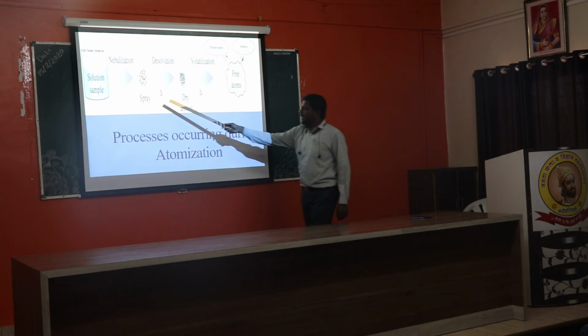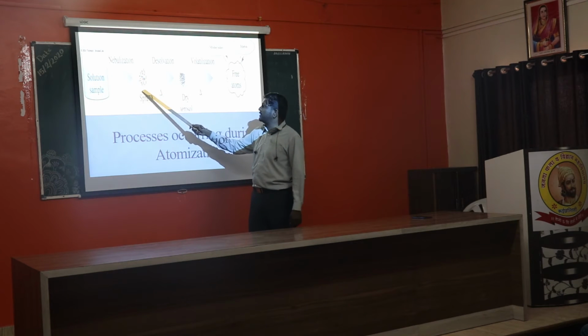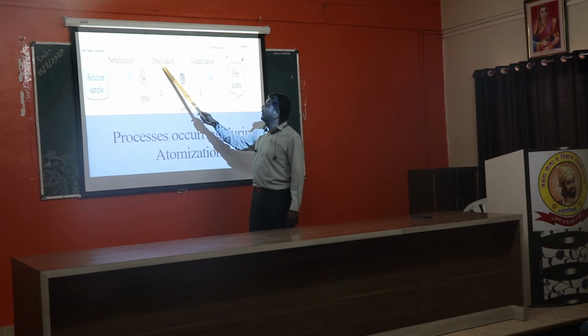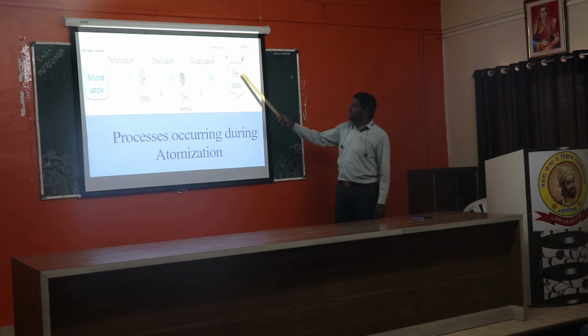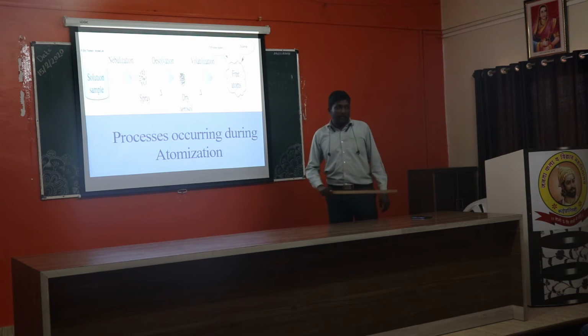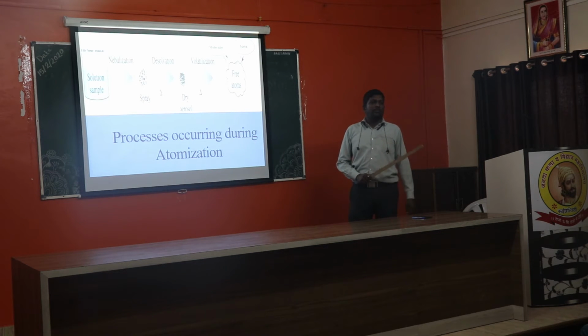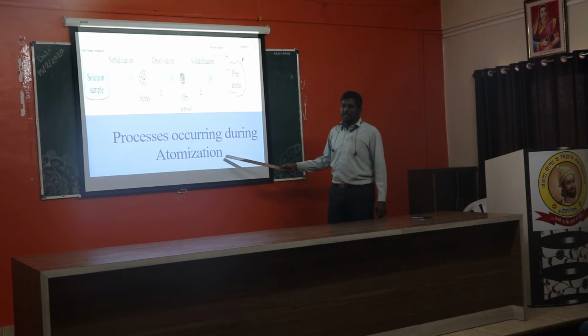First, your sample solution, nebulization means small droplet formation takes place. Thereafter dissolution, and thereafter volatilization. Volatilization means you get the free atoms. So this is the process of atomization. If this process fails, you will not get proper or accurate answers. See here, the processes occurring during atomization.